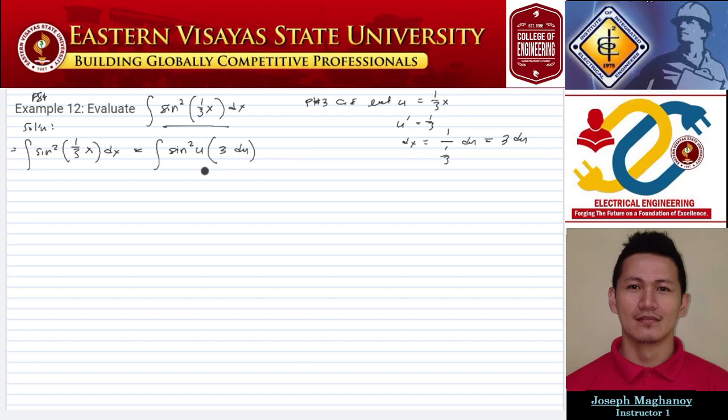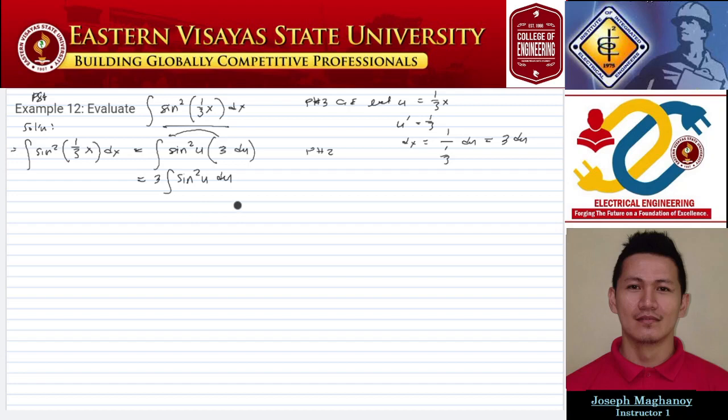Okay, so we apply property number 2, carry out the real number constant. So 3 integral of sine squared u du. Okay, so in our function, it's much simpler. We just apply the correction factor.